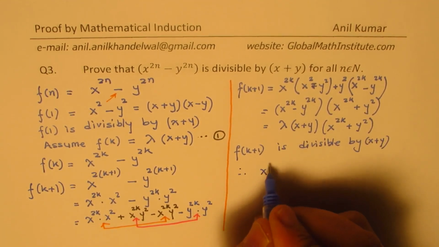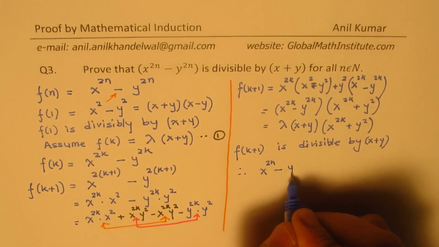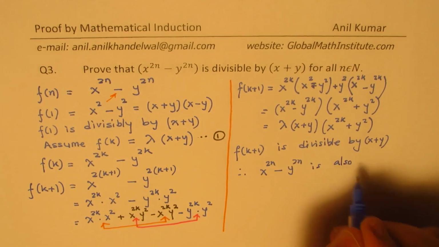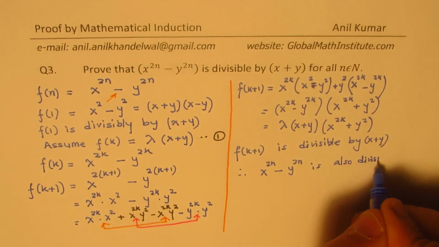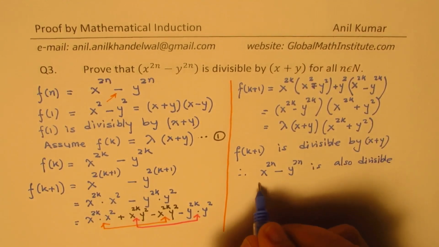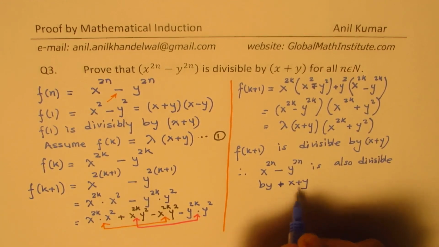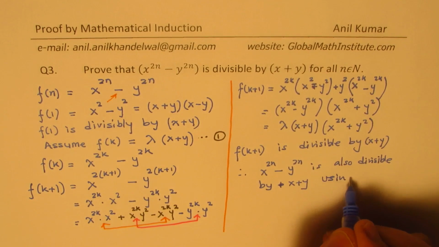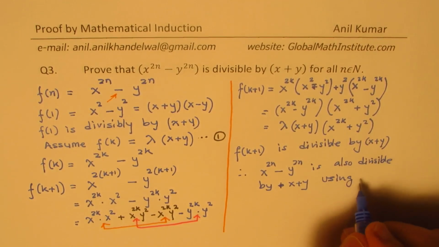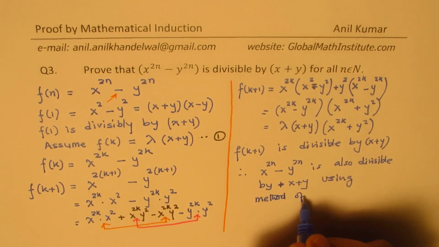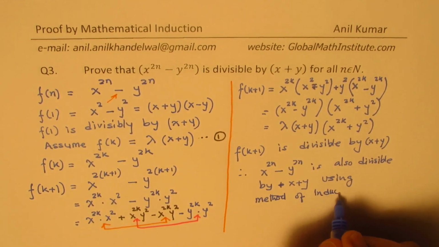Therefore, x to the power of 2n minus y to the power of 2n is also divisible by x plus y using method of induction. Is that clear?